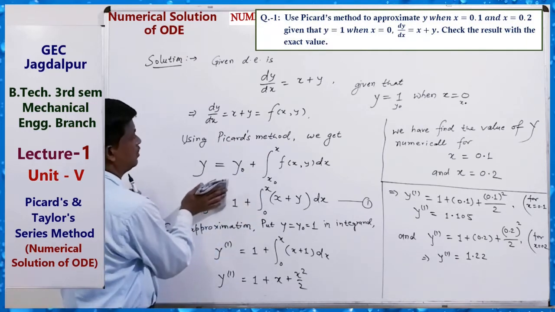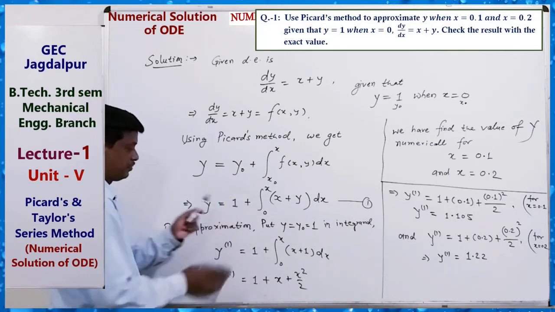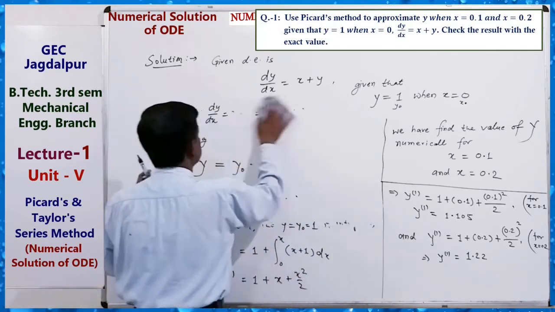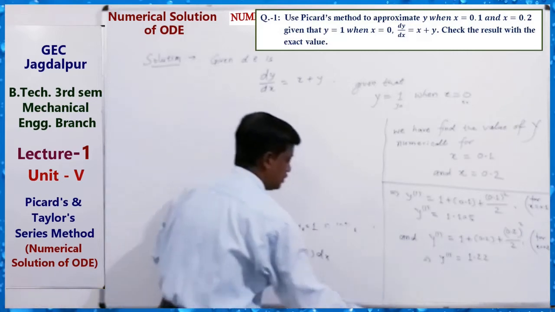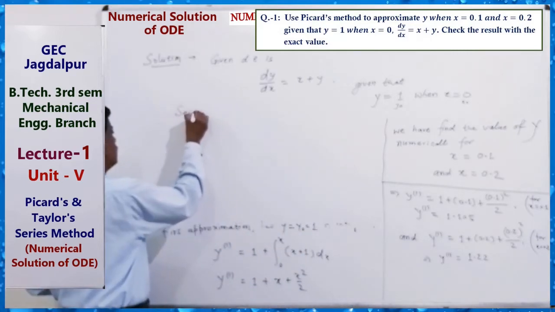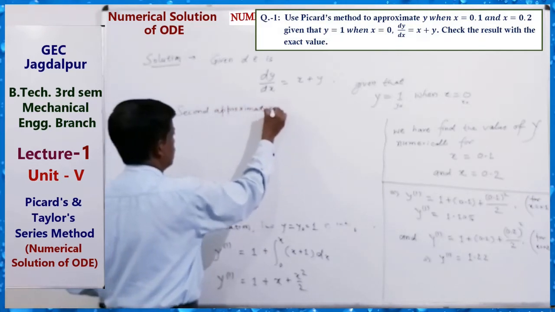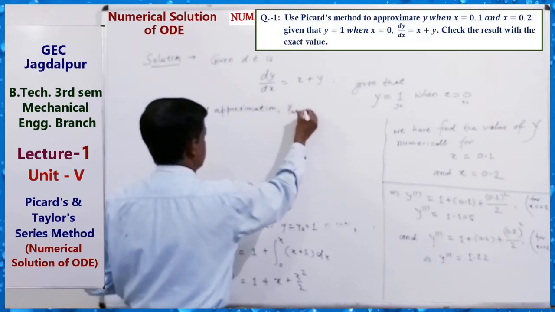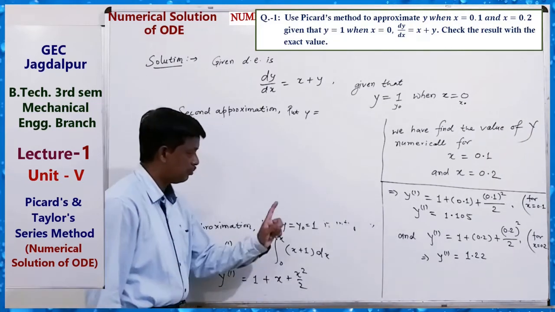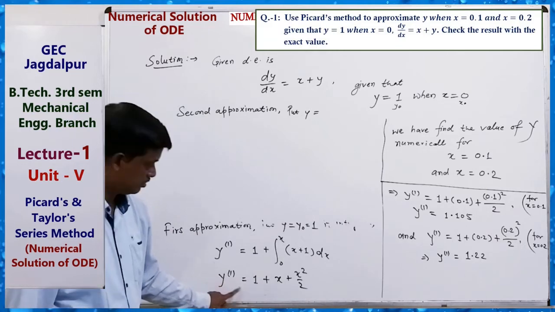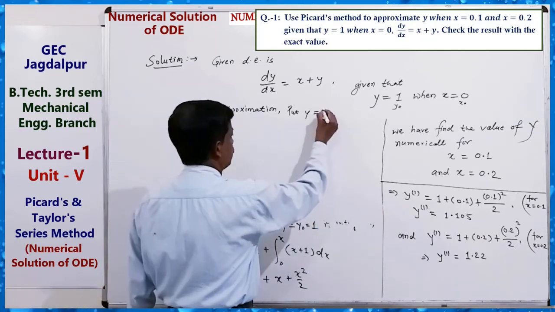Now, second approximation. Our main formula is this. Now, in the second approximation, put y equals y1.